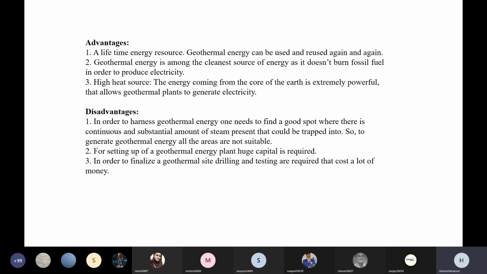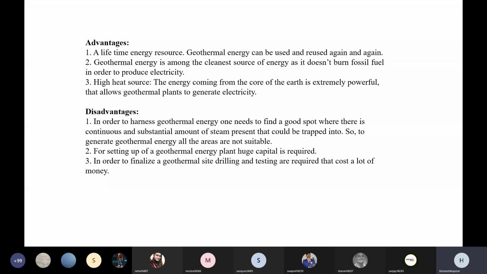These are the major advantages. The most important disadvantage here is that it is not easy to extract this energy. You cannot harness it as easily as you harness the sun's energy or wind energy.